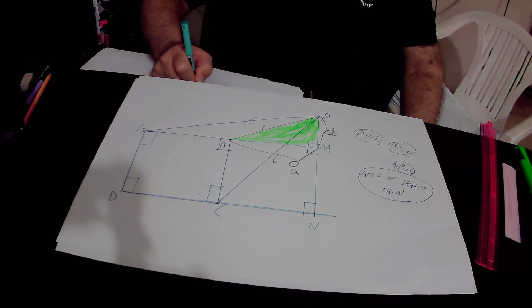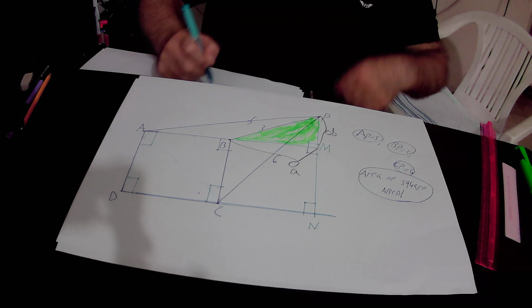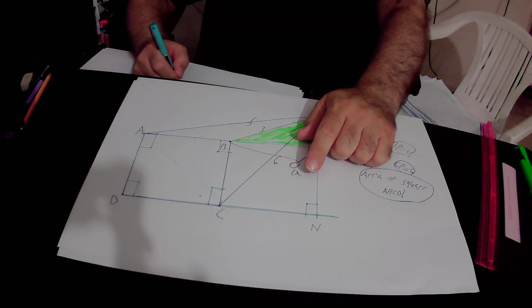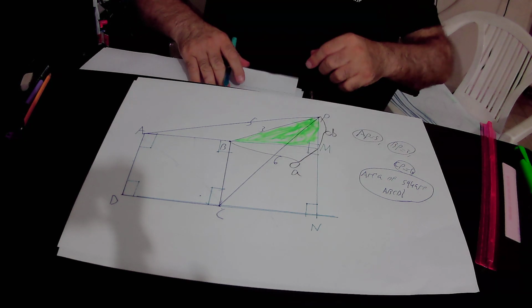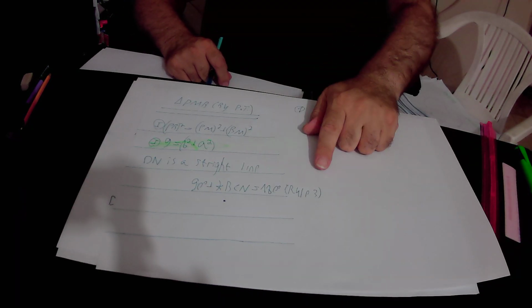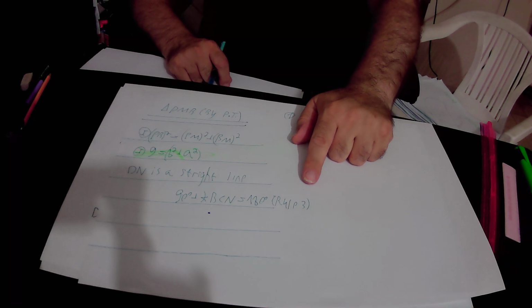In total, the sum of those two angles must be equal to 180 degrees, according to rule number 3, that the sum of the angles on one side of a straight line is equal to 180 degrees. Here, 90 degrees plus the size of angle BCN, in total, must be equal to 180 degrees.